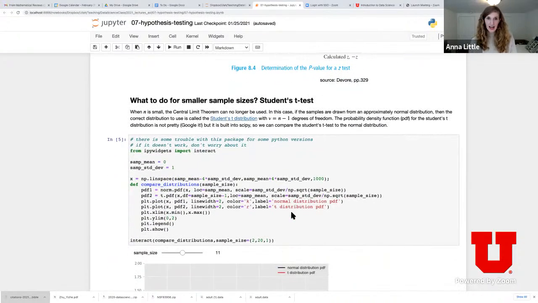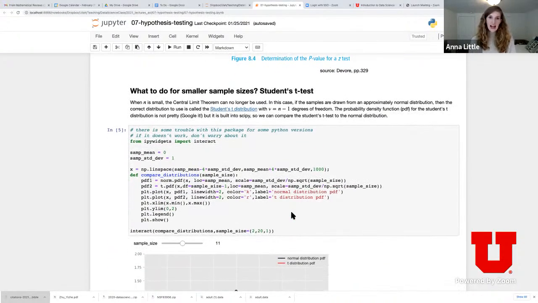Okay, and then I sort of hinted at this earlier, but to make this a little more precise, what details are we kind of sweeping under the rug? Well, for a z-test, you're supposed to know the population standard deviation, but you don't. So you're using the sample standard deviation.